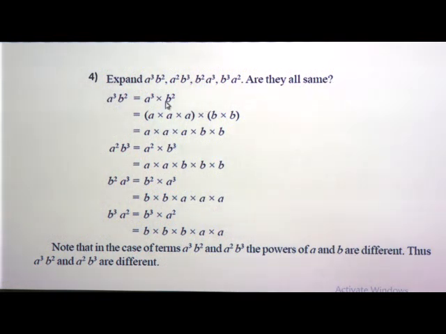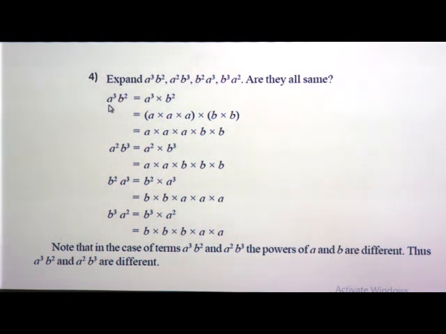We have to see. Here the bases are different and the powers, that is the exponents, are also different. So, we have to compare the given terms, the 4 terms given to us, and see whether they are the same or not. We will see one by one.